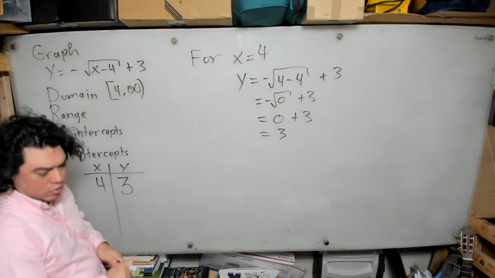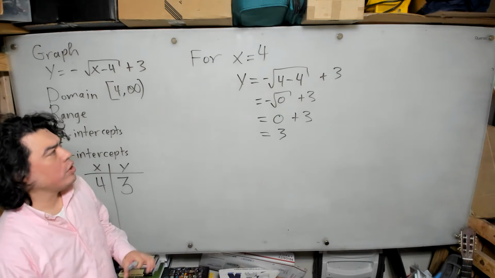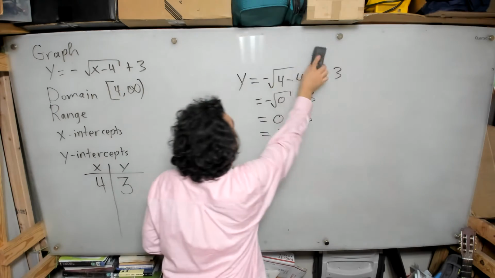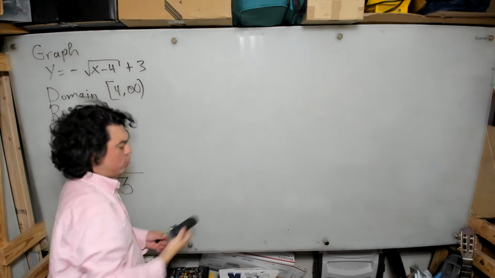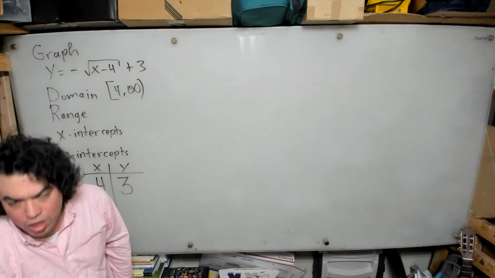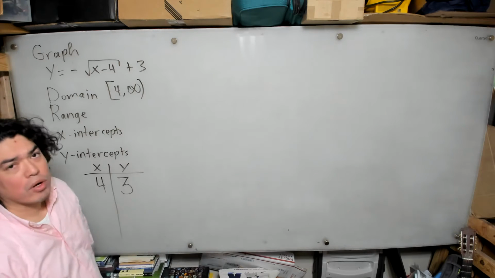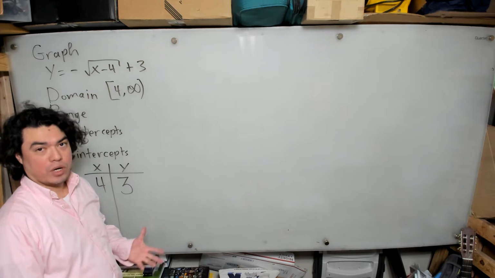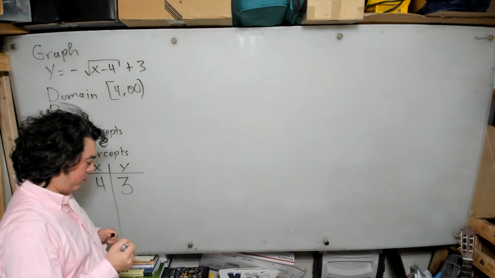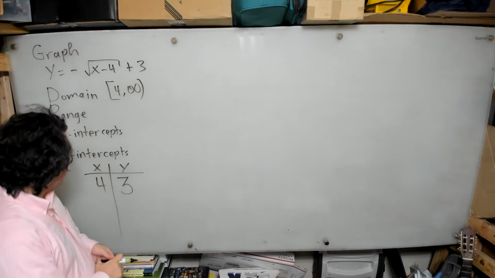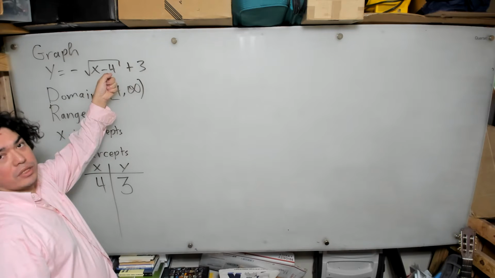Now, as we mentioned before, we're not going to guess what our next x value is going to be. When we graph this, we want to pick the best x values. Since we're taking square roots, we want to make the inside of the square root perfect squares, so it'll be easy for us to graph on graph paper. This value 4 made the inside of my square root 0.